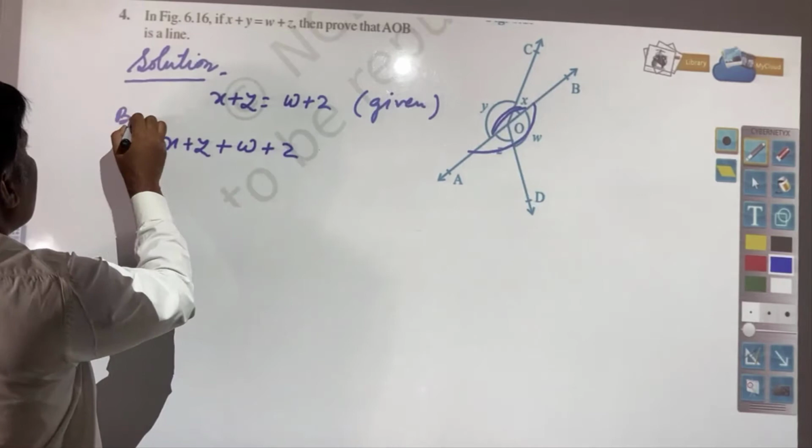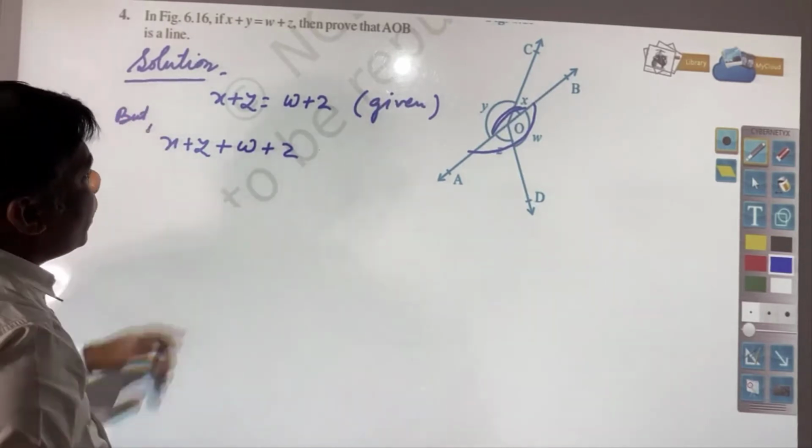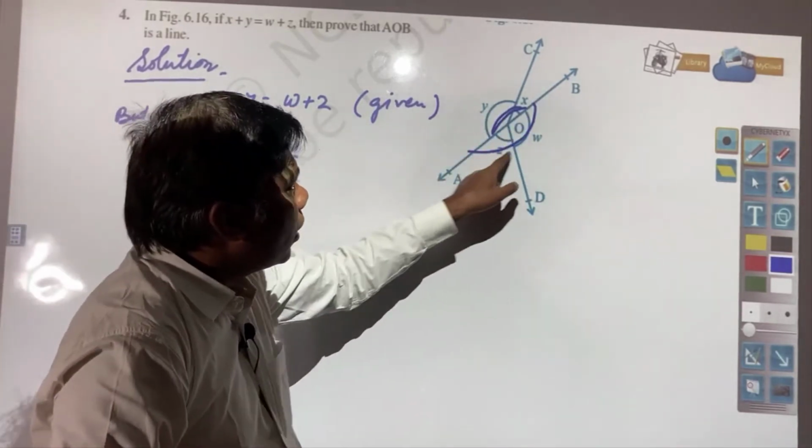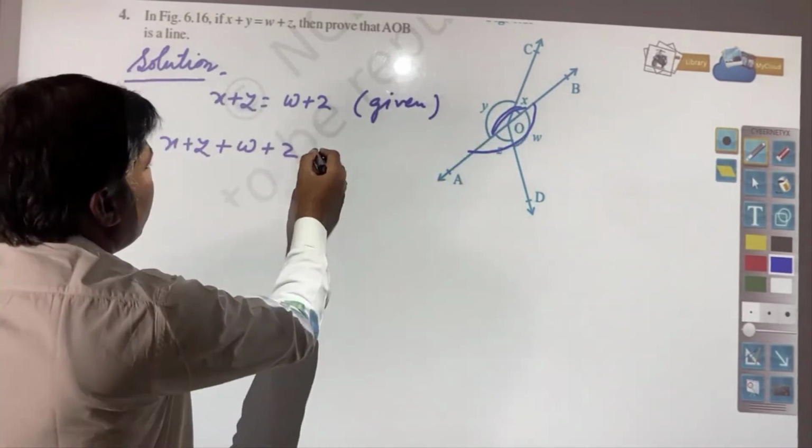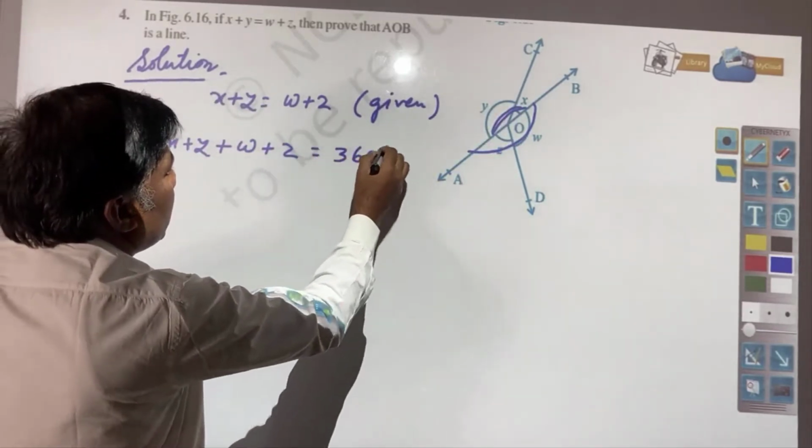But x plus y plus w plus z whole angle will be what? That will be 360 degrees.